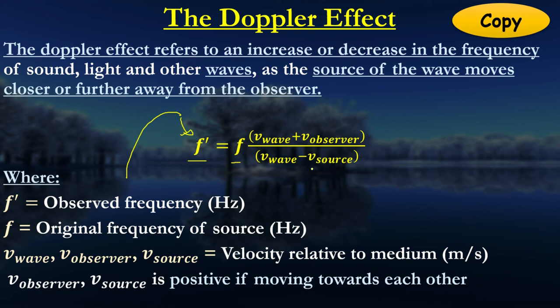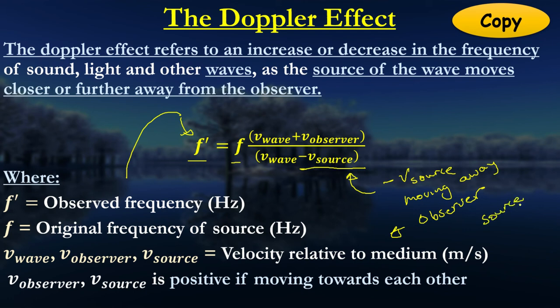V wave there, and then minus V source. Now this negative here would imply that they are moving away from each other. So negative V source means we're moving away. What we were saying is the observer is going in this direction, and the source generating that sound is moving in the other direction to that person. Okay, so that's what we are implying there.